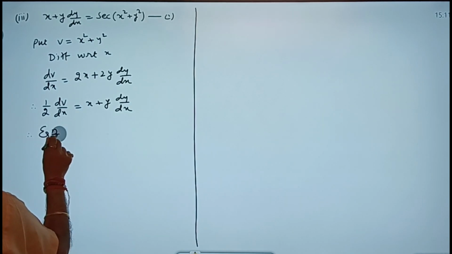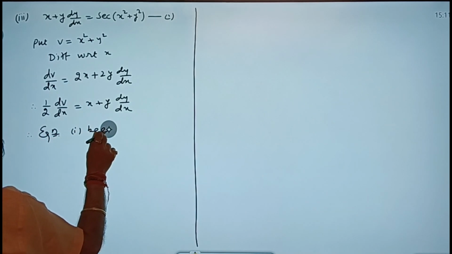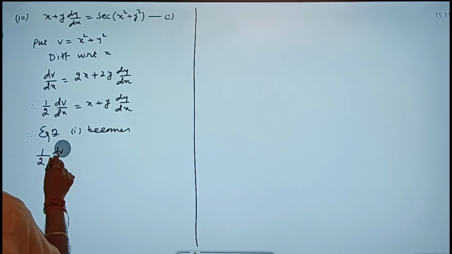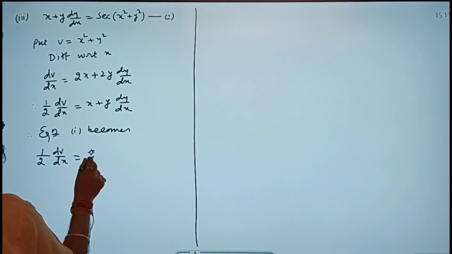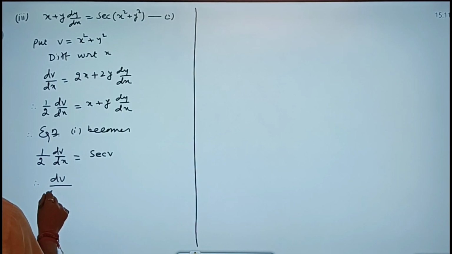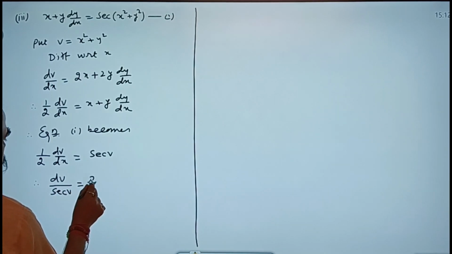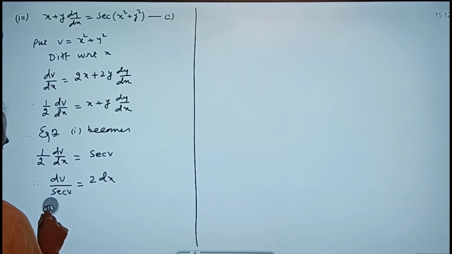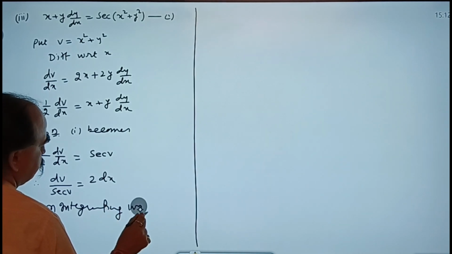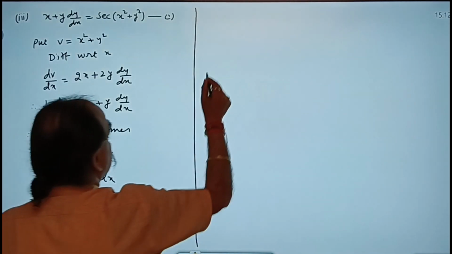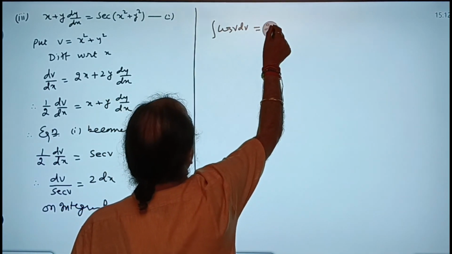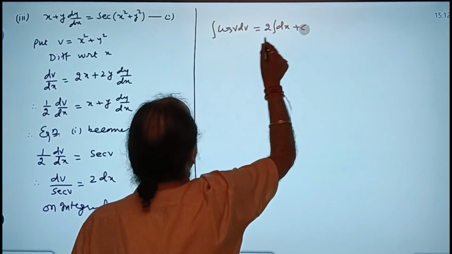So equation 1 becomes 1 by 2 dv by dx is equal to sec v. dv upon sec v is 2 dx. On integrating we get integral cos v dv is equal to 2 integral dx plus c.